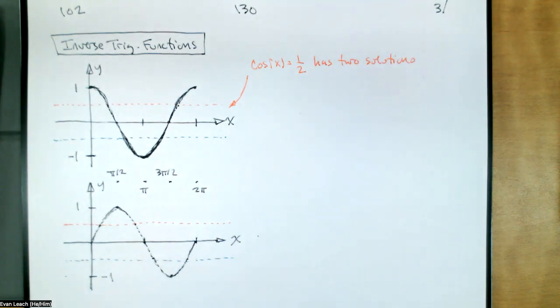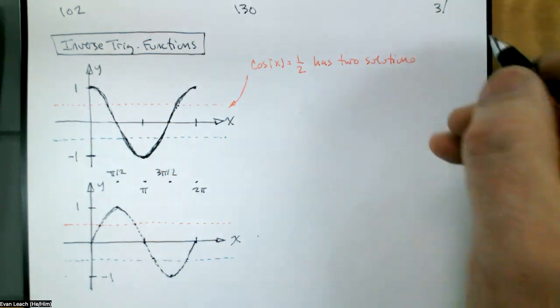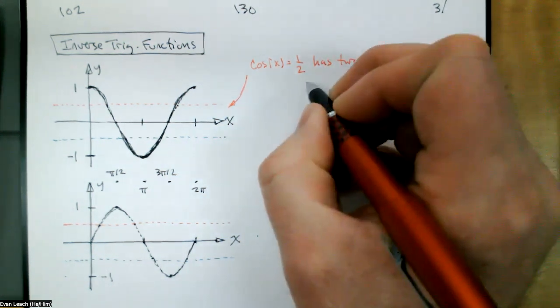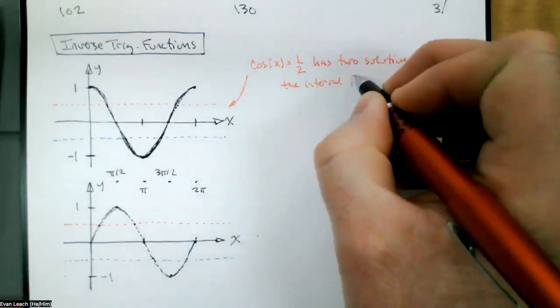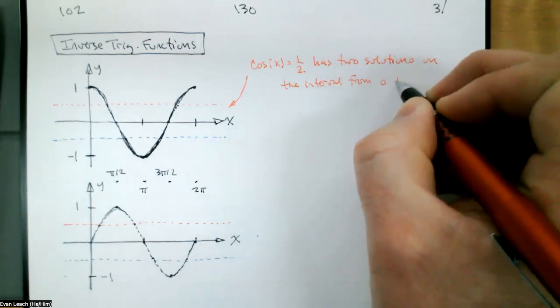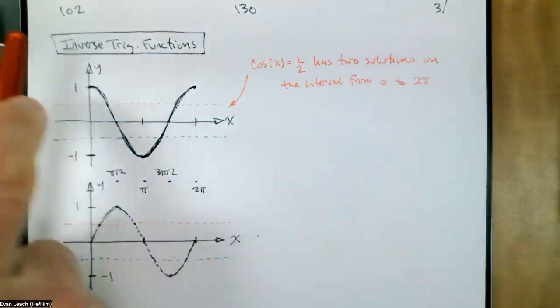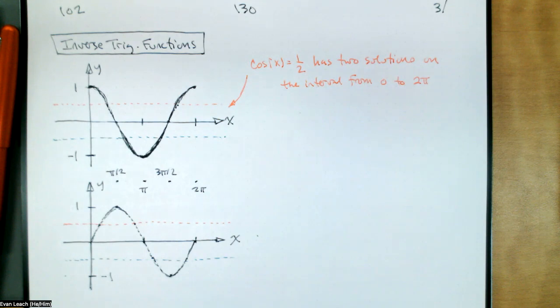In general, cosine of x equals 1/2 has infinitely many solutions, because this is just one cycle of cosine, and there are infinitely many cycles of cosine happening every 2 pi units.